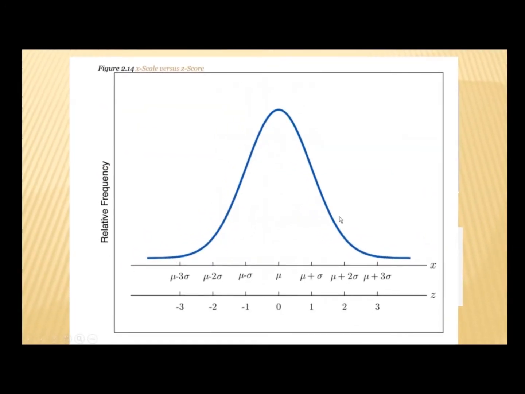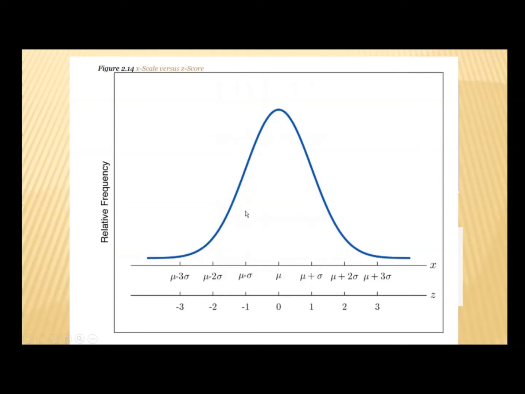So let's say here is where we have a distribution, and this is very important. If you have the mean here, which is mu, and you calculate the standard deviation, there is one standard deviation on the positive side and on the negative side.